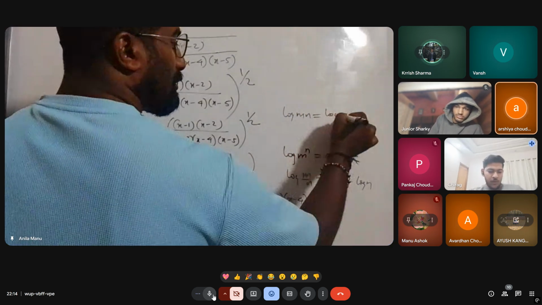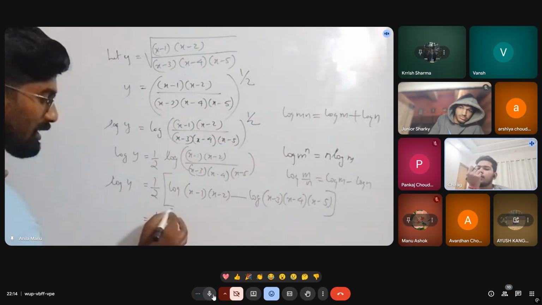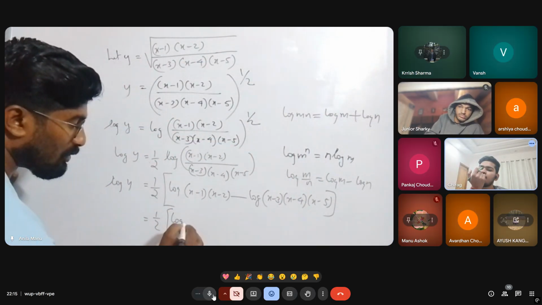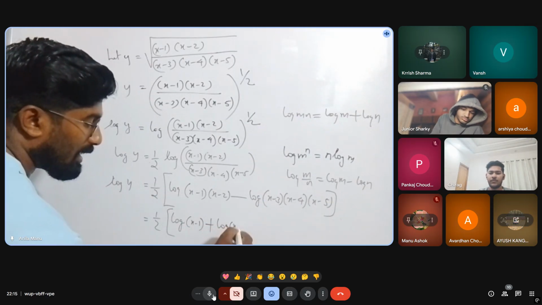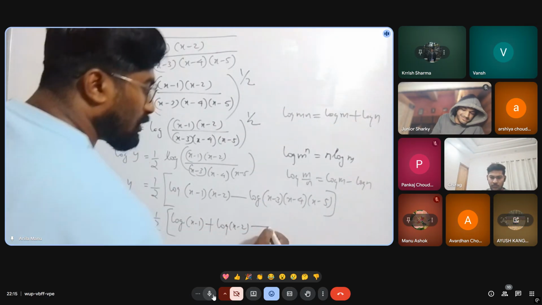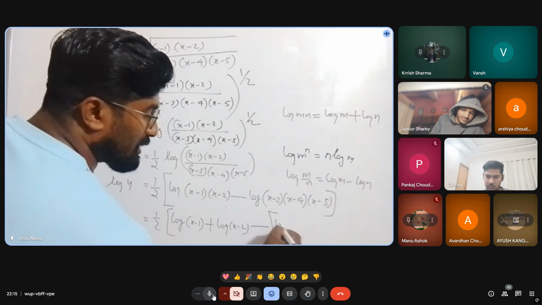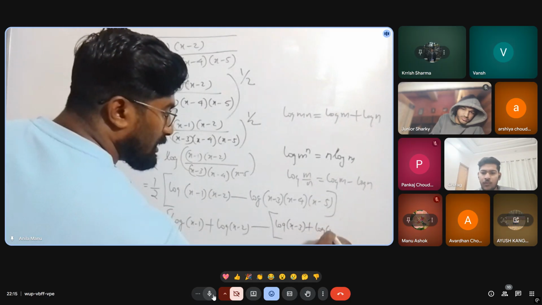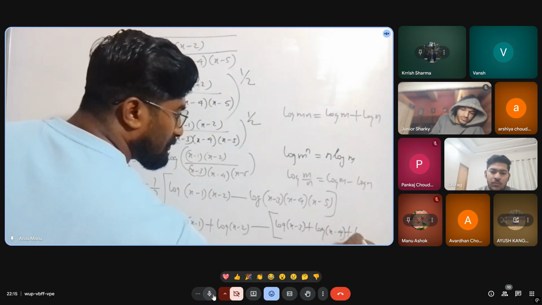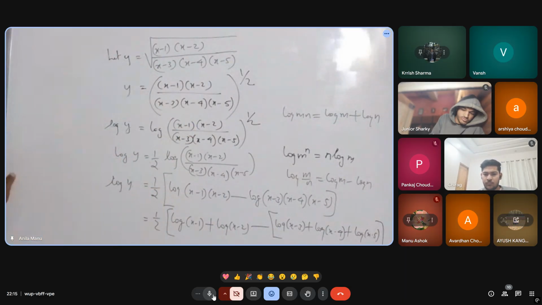Log m plus log n. So here we get log x minus 1 plus log x minus 2 minus, in bracket, this minus is common for everything, that's why log x minus 3 plus log x minus 4 plus log x minus 5. Okay.